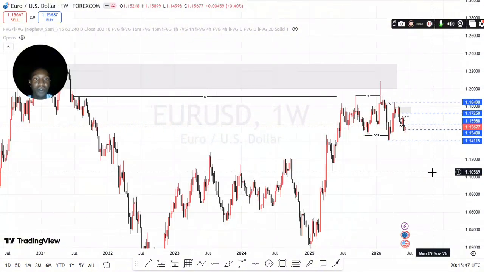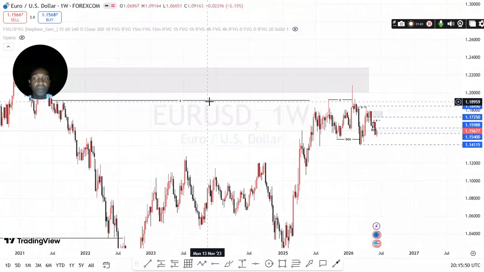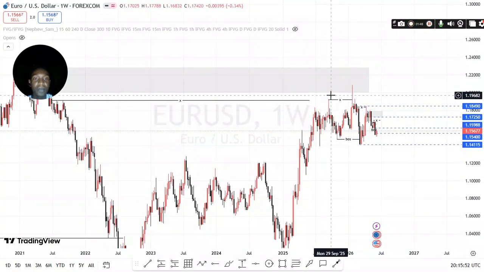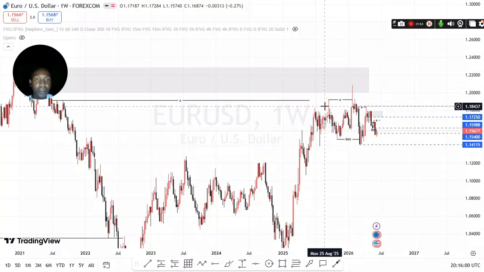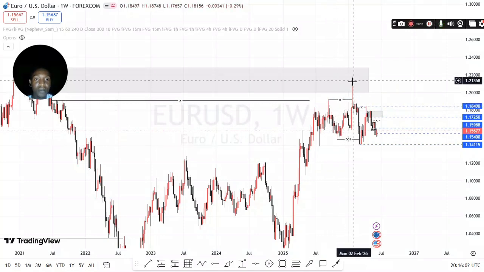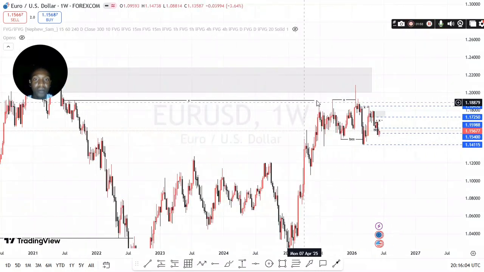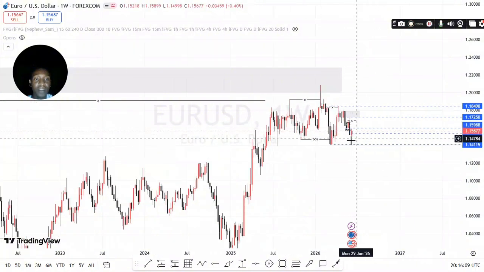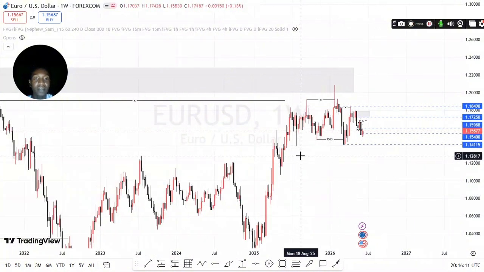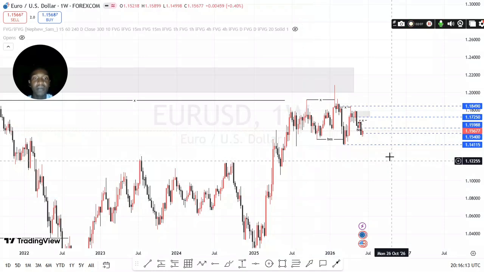Once price got to that monthly order block, there was a push to the upside close to the liquidity line, and it came down. There was a fake out tapping into that monthly order block, then giving us a break of structure to the downside, indicating that sellers are now in control of this market.